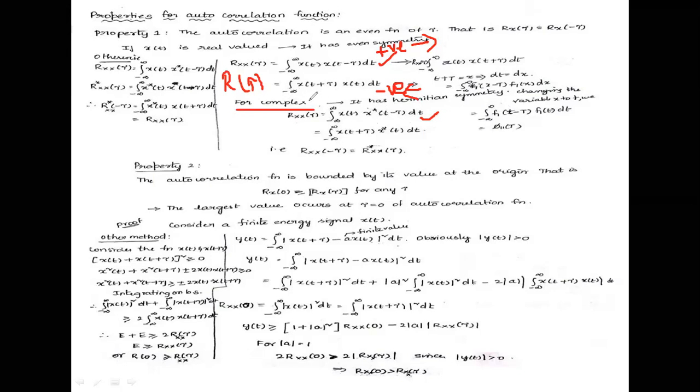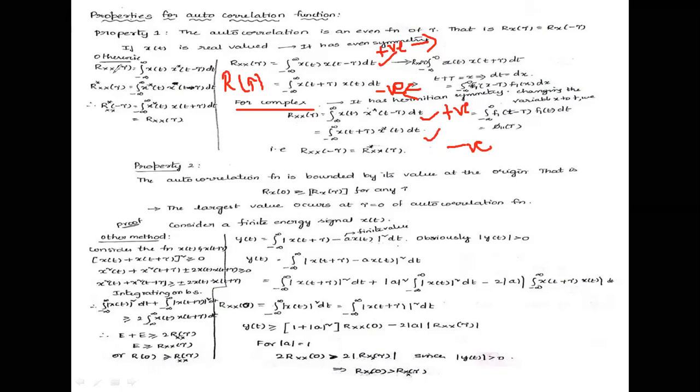For the negative direction of tau, it is x of t plus tau times x star of t dt. That is, Rxx of minus tau is equal to Rxx star of tau.